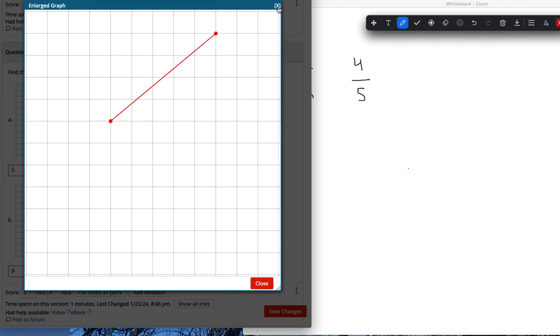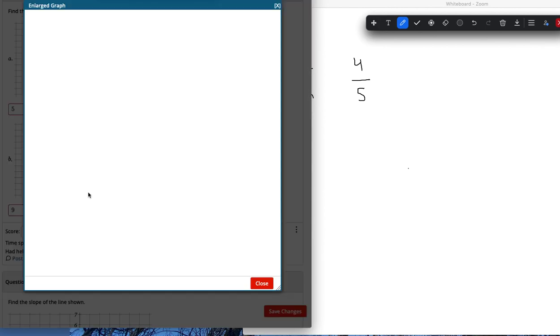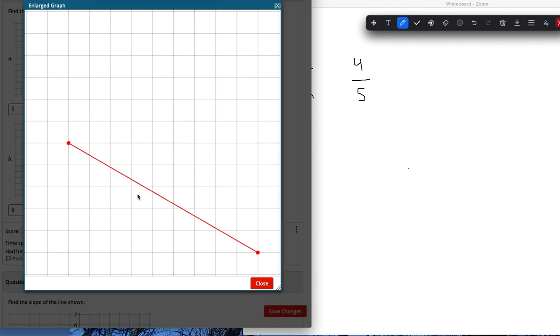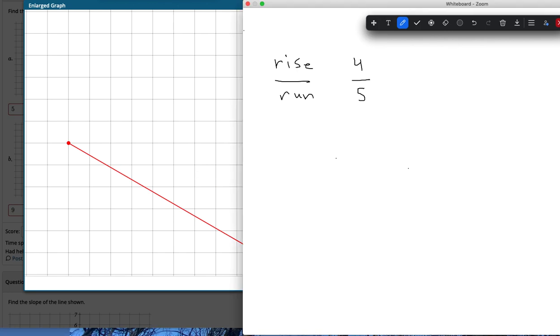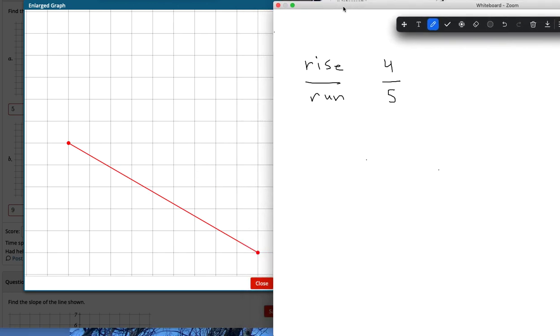And then let's check out this next one. This one, they're going to make me count to a big number. Okay, so same basic idea. Starting here, we're going 1, 2, 3, 4, 5, 6, 7, 8, 9, it looks like, would be our run.